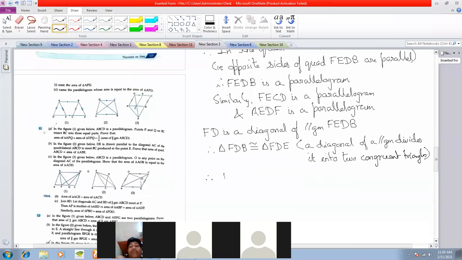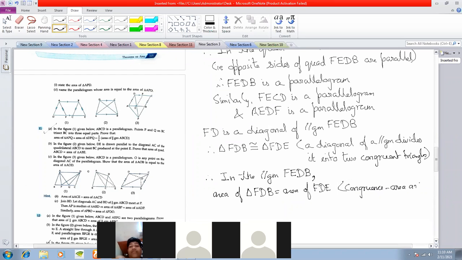So therefore, in the parallelogram FEDB, area of triangle FDB must be equal to area of triangle FDE. This is from the congruence area axiom.